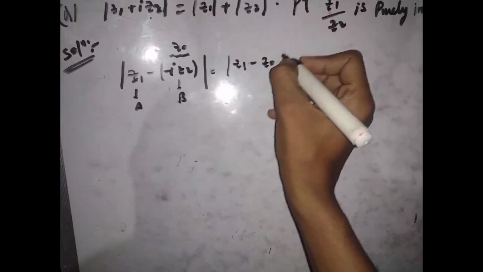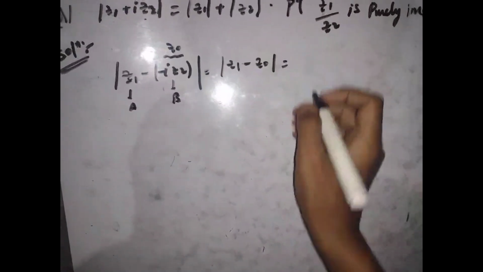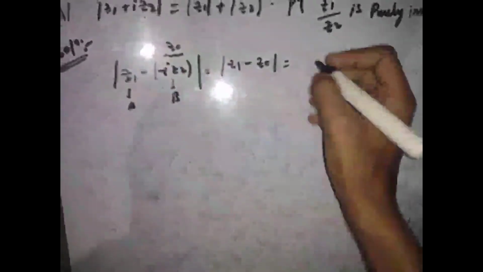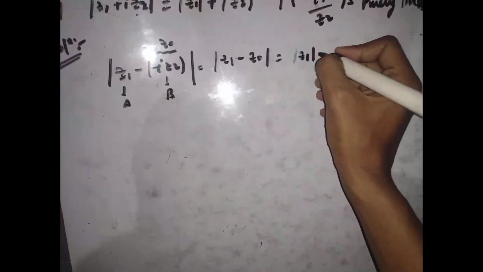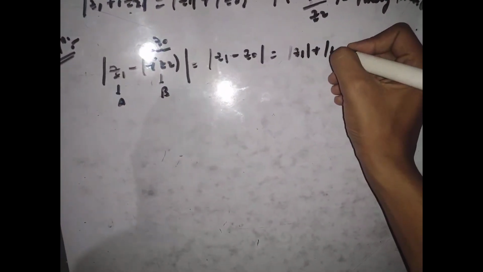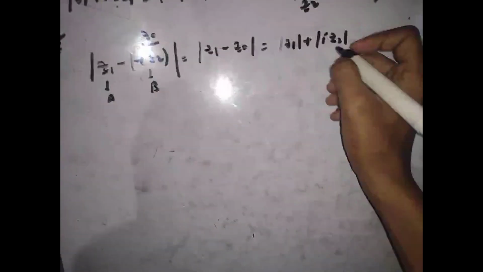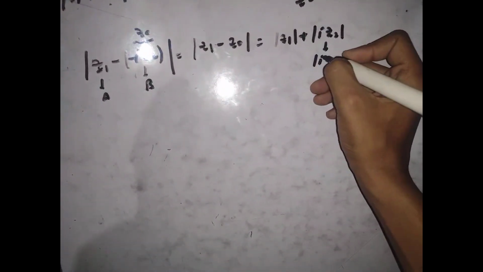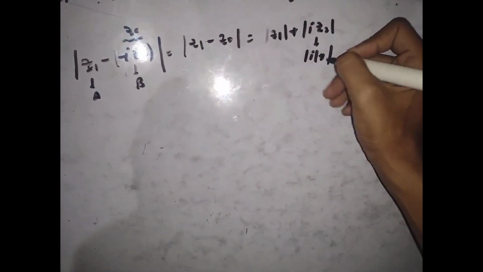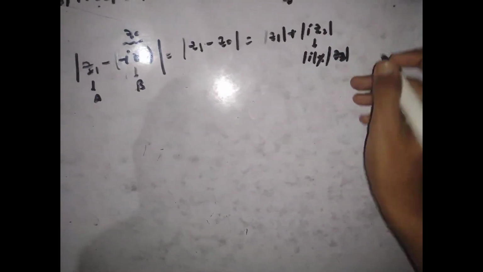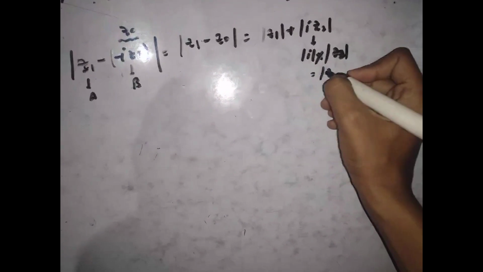So this is actually Z1 minus Z0 equals, and if we see that this is equals to mod Z1 plus mod I Z2, this we can expand as mod I into mod Z2, okay, and this is actually equals to mod Z2.